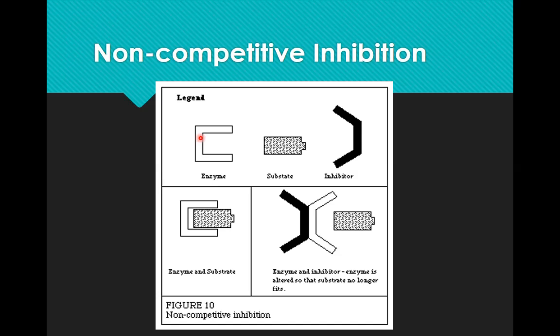So again, the substrate cannot reach the active site because the inhibitor attaches to the enzyme, creating a new shape that no longer allows the active site to grab a hold of the substrate. And that's known as non-competitive inhibition.